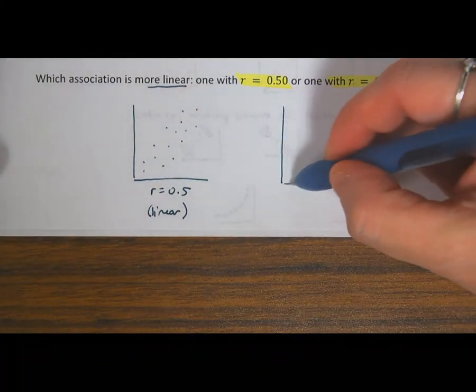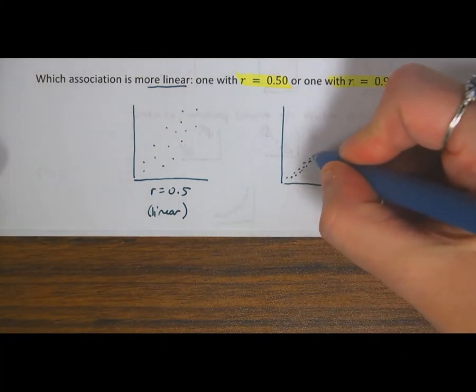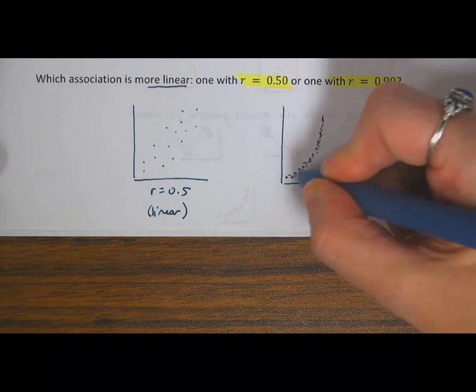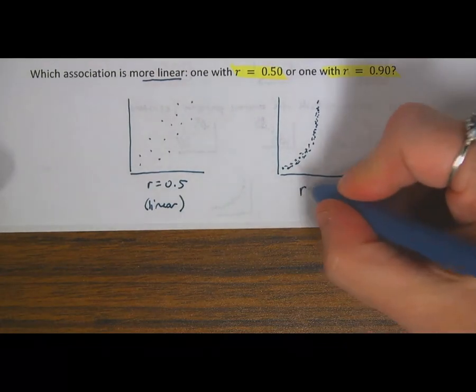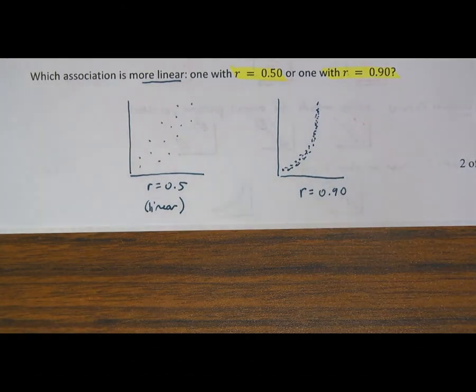But again, you could have a really strong correlation. This is positive, very strong. R is 0.9, but this is clearly nonlinear.